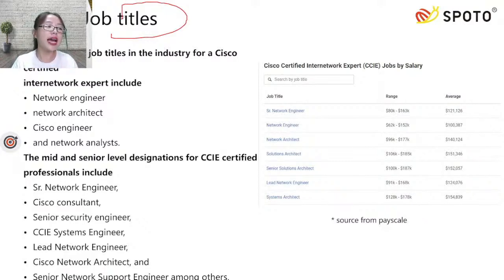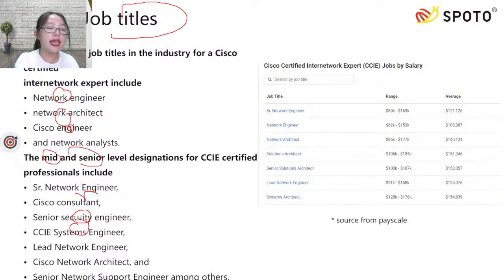The CCIE job titles in the industry for a Cisco Certified Internetwork Expert include network engineer, network architect, Cisco engineer, and so on, and the mid and senior level designations for CCIE certified professionals include Cisco consultant, senior security engineer, CCIE systems engineer, and so on.